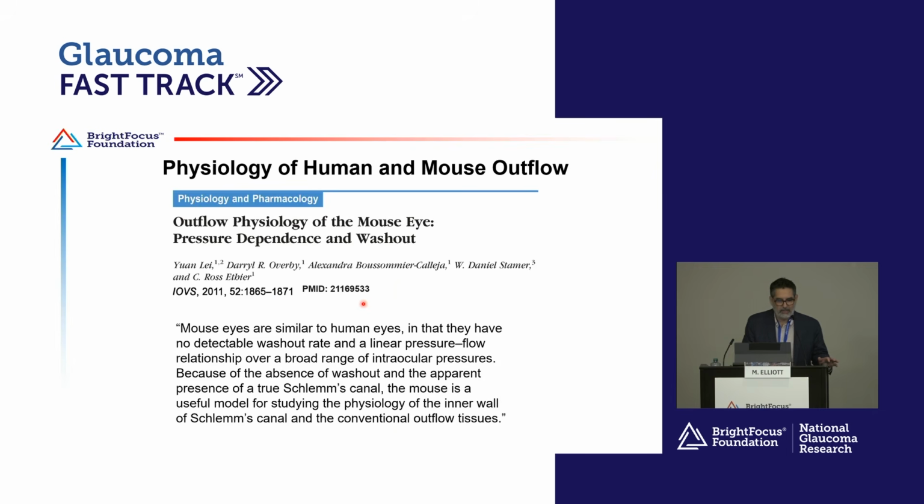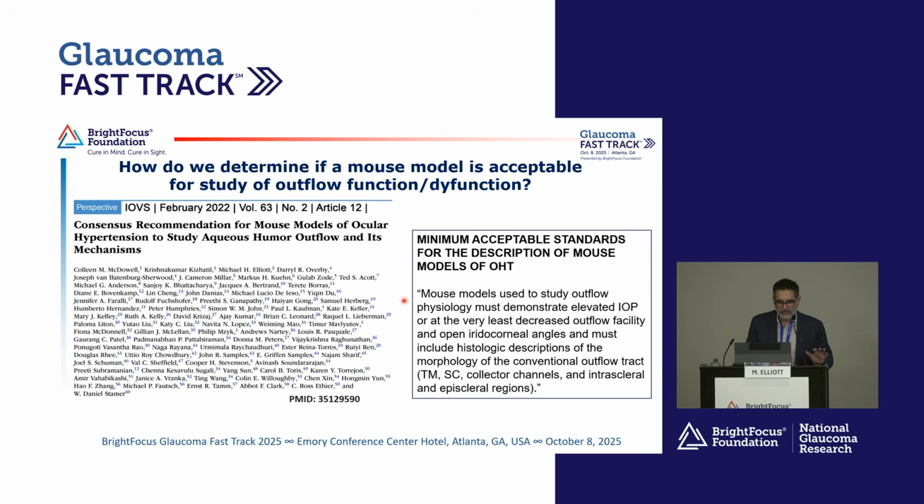And in fact, in this earlier paper from Ross Ethier, Dan Stamer, and Daryl, they stated that mouse eyes are similar to human eyes and that we have no detectable washout rate and a linear pressure-flow relationship over a broad range of intraocular pressures. Because of the absence of washout and the apparent presence of a true Schlemm's canal, the mouse is a useful model for studying the physiology of the inner wall of Schlemm's canal and conventional outflow tissues.